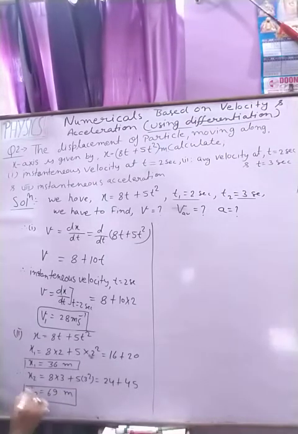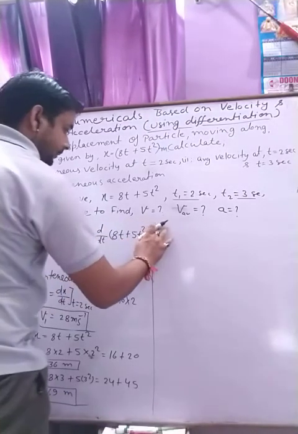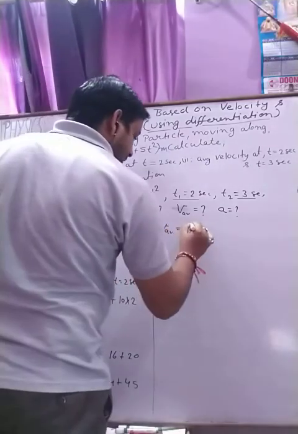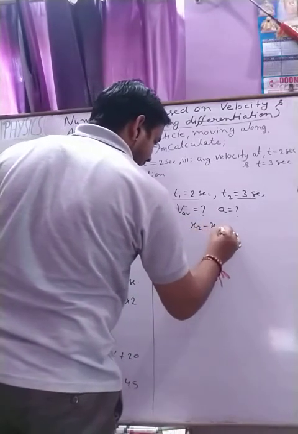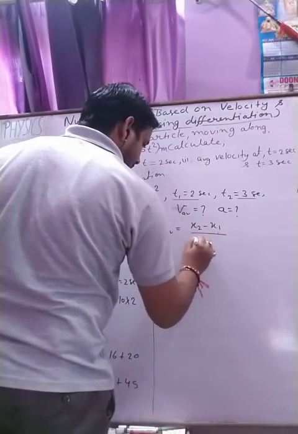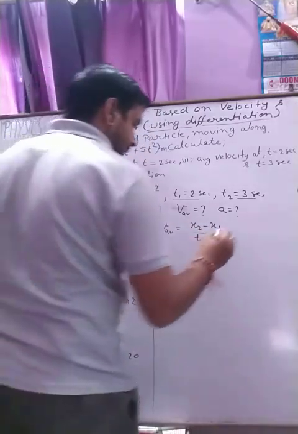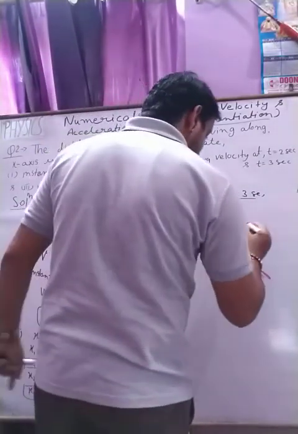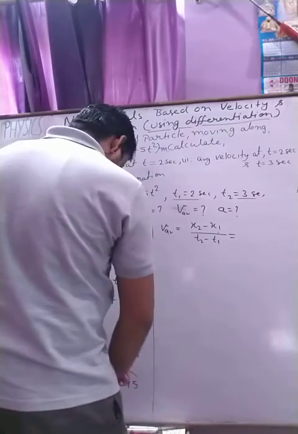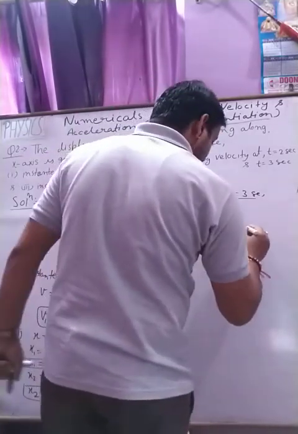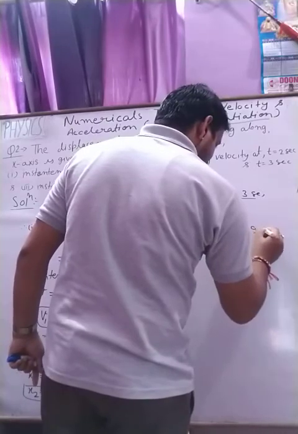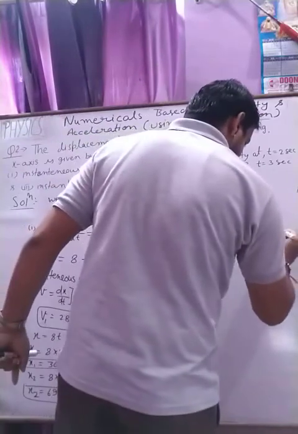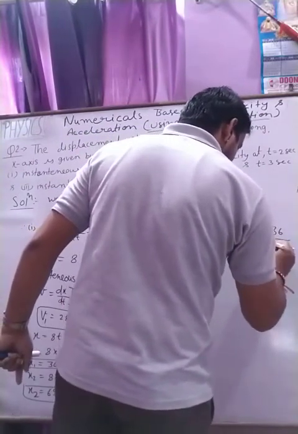Now the average velocity is change in displacement, that is x2 minus x1 upon t2 minus t1, which is 69 minus 36 upon 3 minus 2.